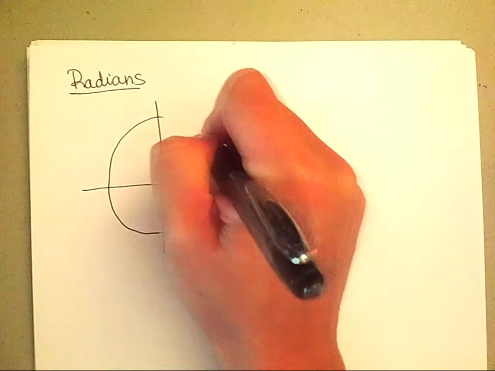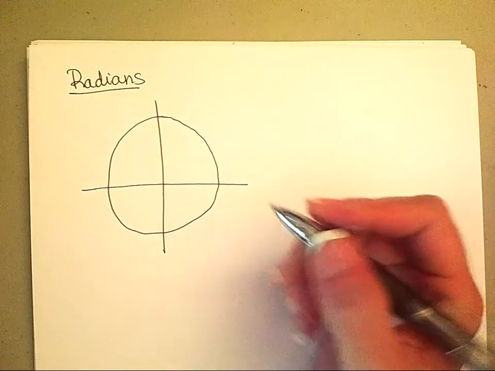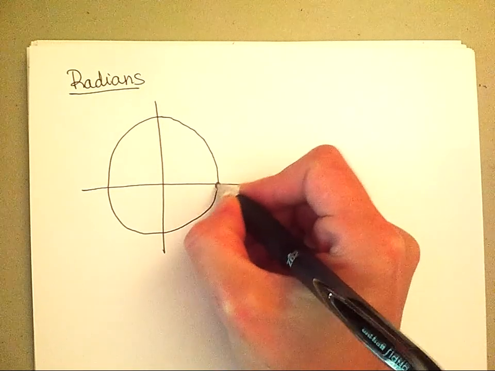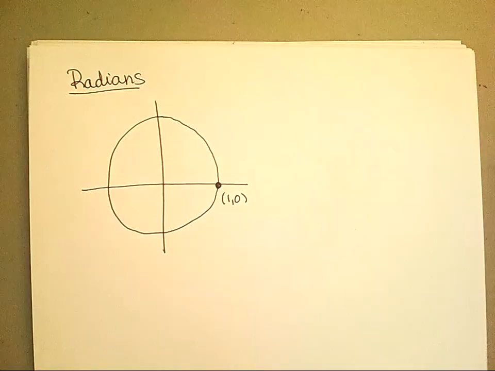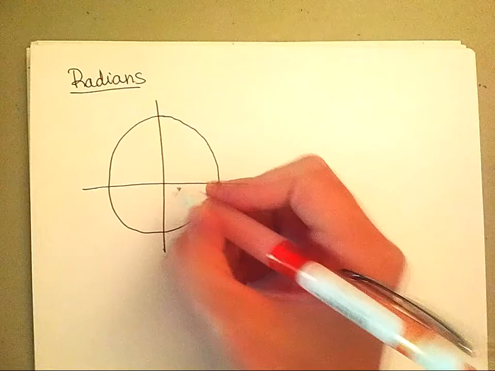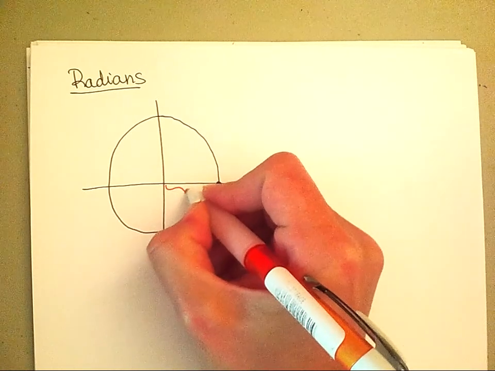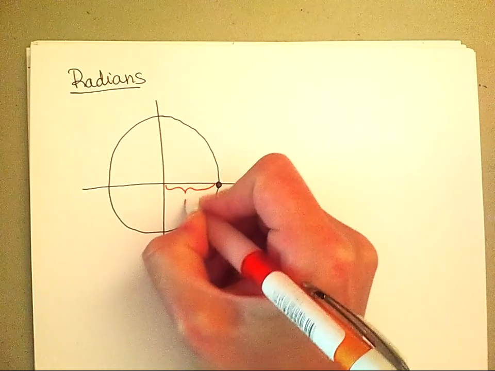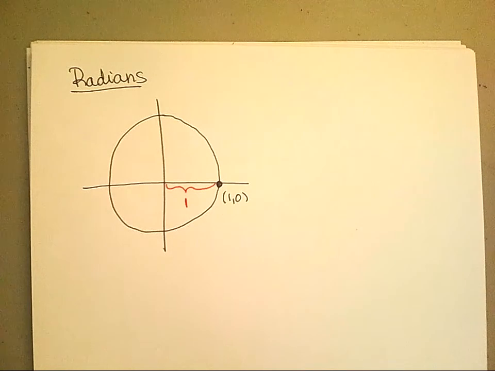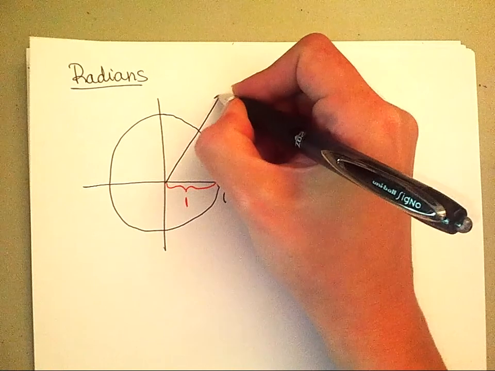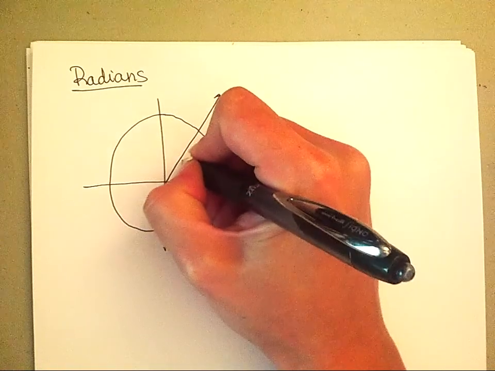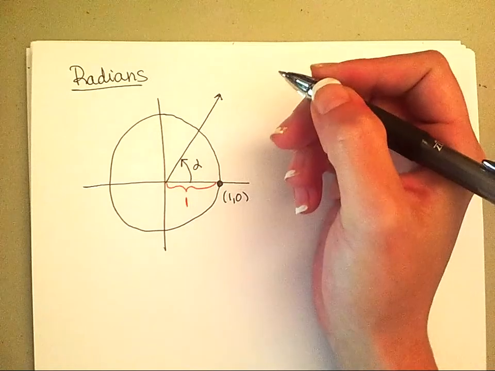So let's put a circle down so we can understand. Okay. And let's make this what we'll call a unit circle. So this is the point 0, 1. So what makes this a unit circle then is it is a circle with a radius 1. Now let's put in some angle. Okay. It is a central angle. Let's call it alpha.